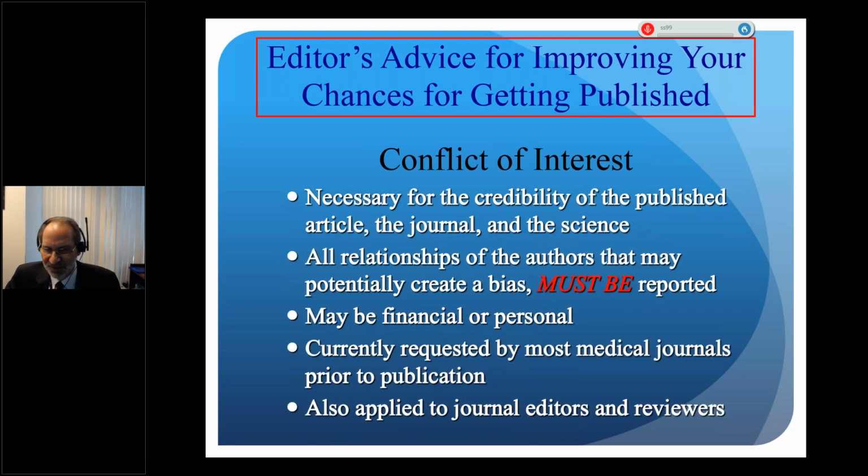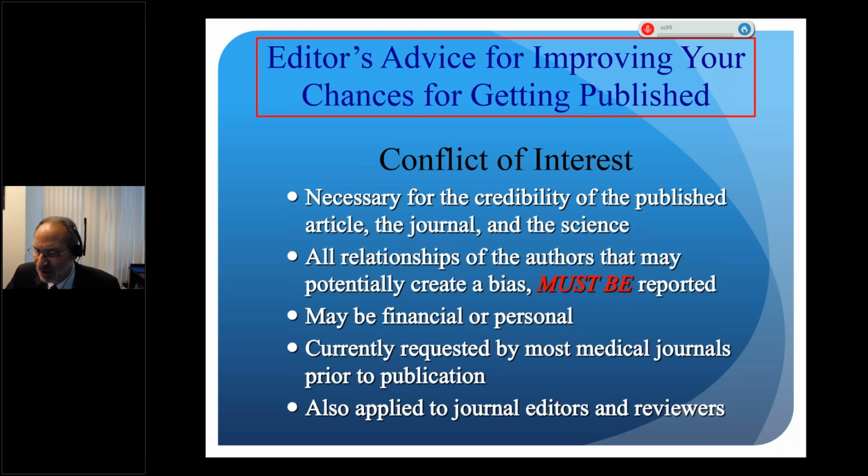And conflict of interest, this is common throughout the academic world, that for the credibility of the published article, you need to report any relationship that any of the authors may have that could create a bias. Even if there's absolutely no bias there, you must at least report it and let the reader determine whether that's an issue.